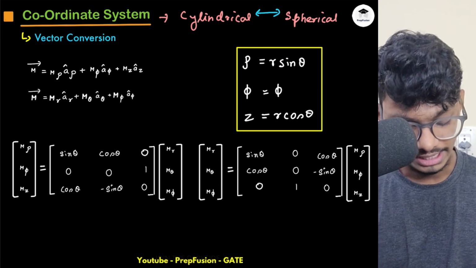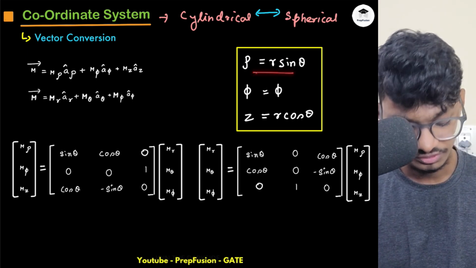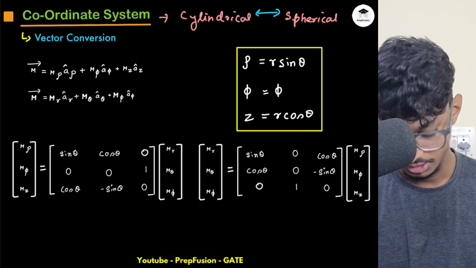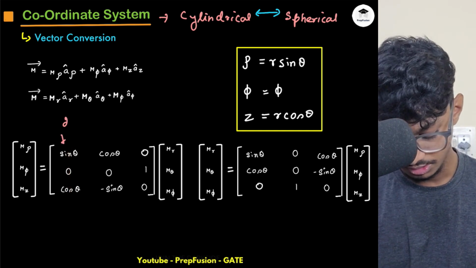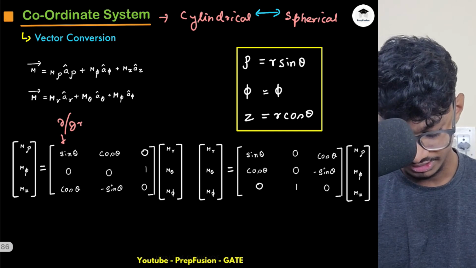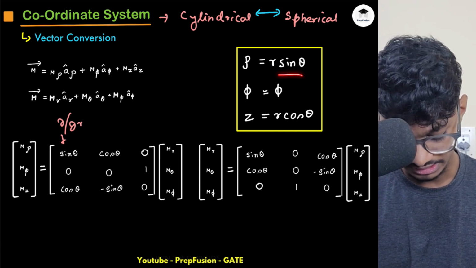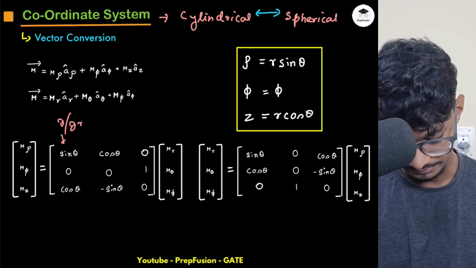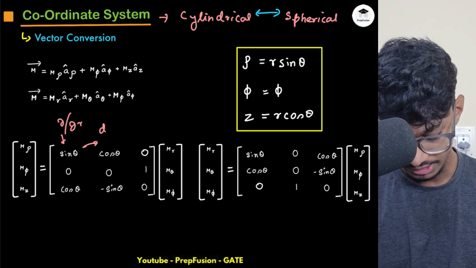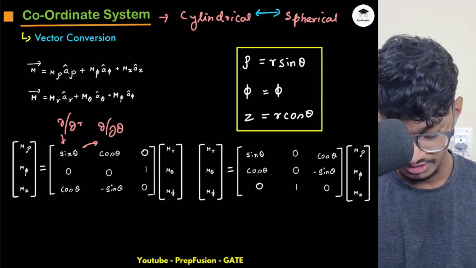Now I simply partially differentiate this with respect to r for the first column. I get sine theta and cos theta. Next, I partially differentiate the next column with respect to theta.